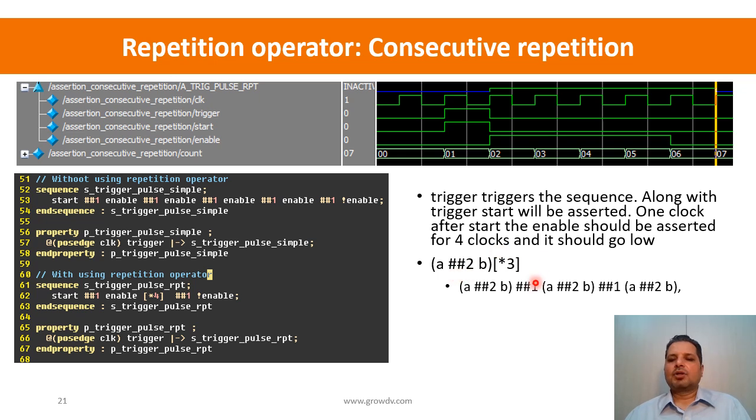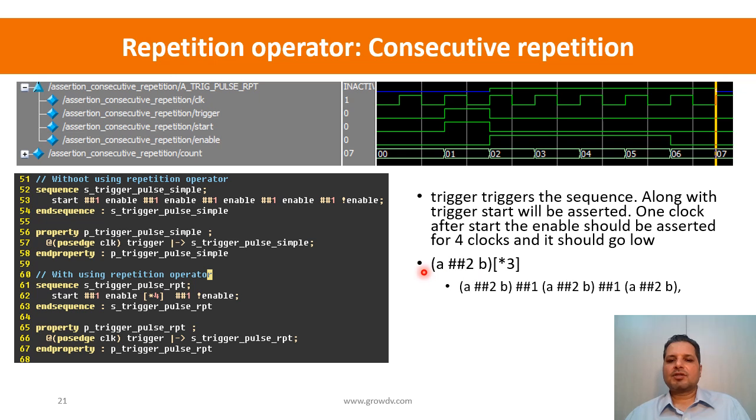Now I can put a repetition on this particular sequence. It expands to something like this: a delay operator of 2 clock cycles, B, followed by 1 more clock cycle, then on the subsequent clock also it should hold, and on the subsequent clock also it should hold. 3 times there should be a repetition of this particular sequence.